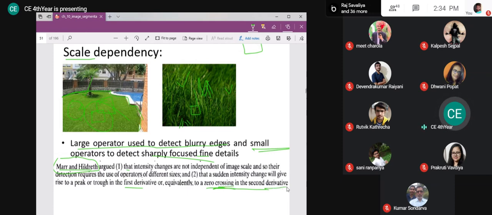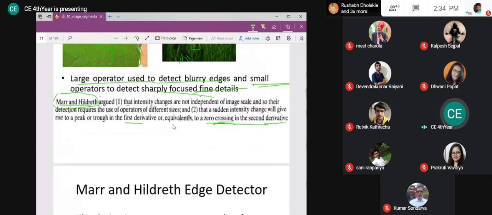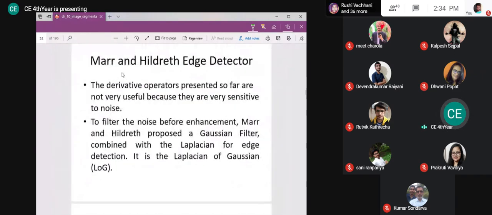That was their second conclusion, but of course we have already seen that. The major contribution was regarding the scale. So now, based on that, they proposed one solution, known as the Marr Hildreth edge detector, which is also known as the advanced technique of edge detection.